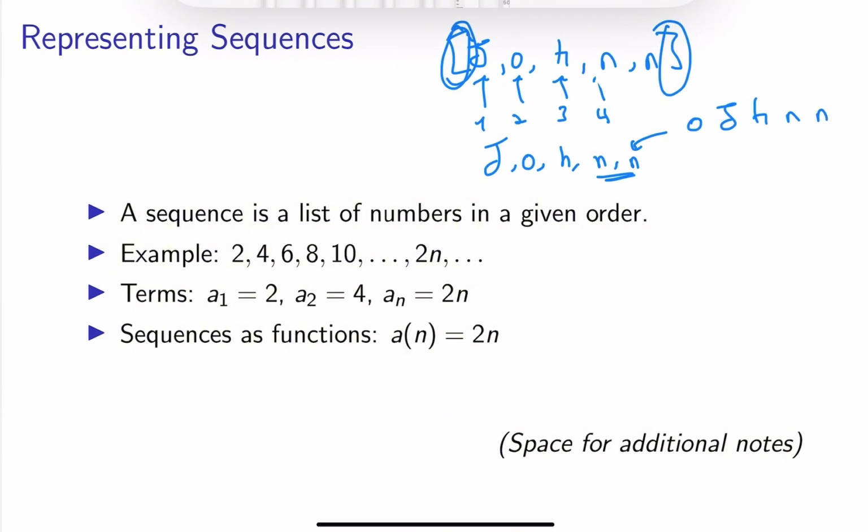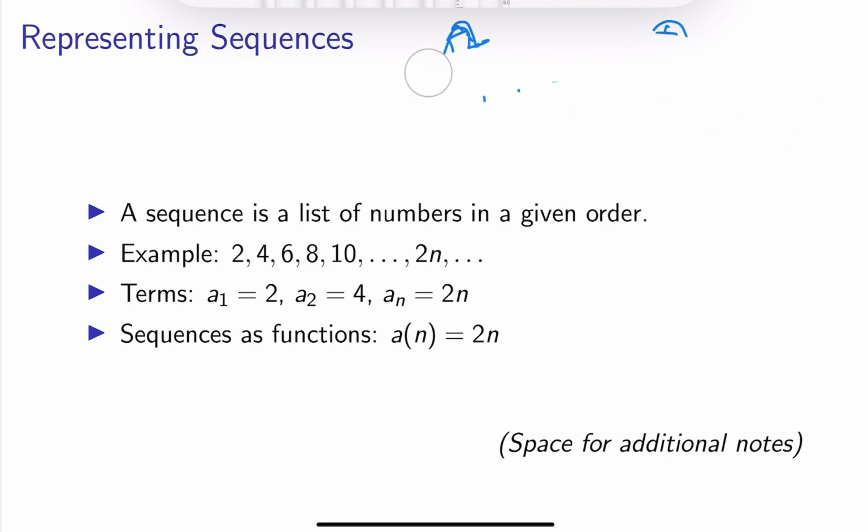Let me just give you a more intuitive idea of why order matters here. If you take, for example, the sequence 1, 2, 3, 4, and so on, it's an infinite sequence. There's another way of writing it. Typically sequences are written as, you take a letter, usually a or b, and you index it by n.